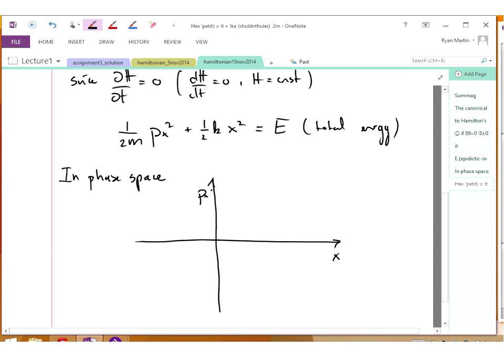Now, this equation, something times px squared plus something times x squared equals E, is the equation of an ellipse, right? So this equation defines an ellipse, which I'm going to try to draw.